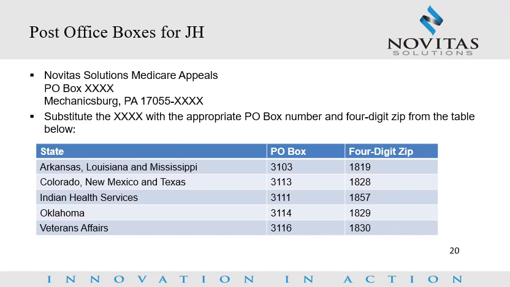If you are rendering services in jurisdiction H and decide to mail your supporting documentation through general mail with the United States Postal Service, or the records exceed the allowable amount of 200 pages that can be faxed, you can use the following addresses to send to our post office box. Keep in mind, you will substitute the X with the appropriate PO box and extended 4-digit zip codes listed.